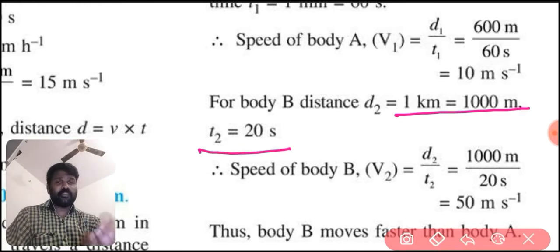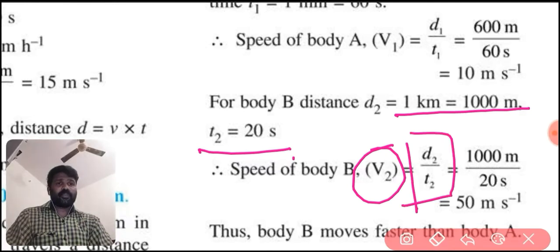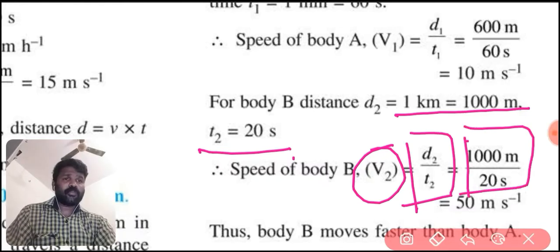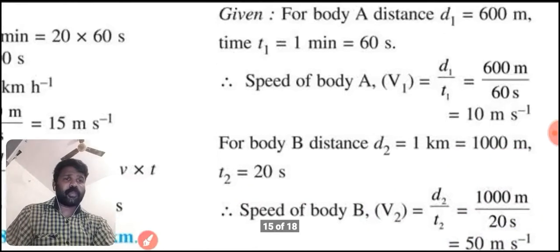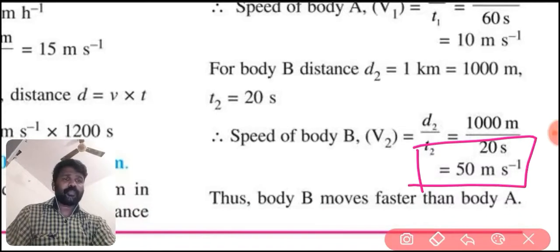Speed of body B, suppose that is V2, is equal to d2 upon t2, distance divided by time. That is equal to 1000 meter divided by 20 seconds. By dividing this, we will get the final answer 50 meter per second.